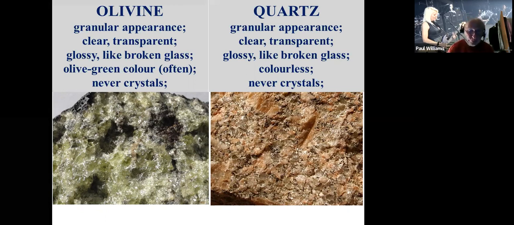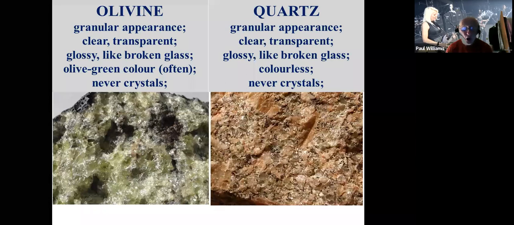So if you've got in a hand specimen some stuff that is granular, nicely granular like that, and it's this green color, and it's glossy, it's mainly transparent, and it looks a bit like broken glass with a green color, then you've got olivine.